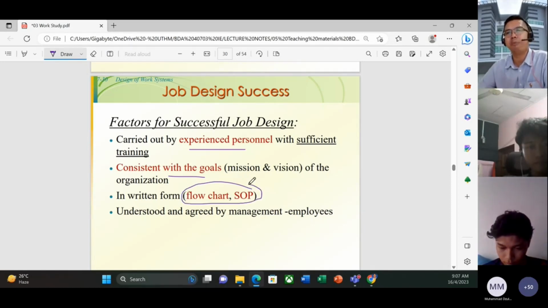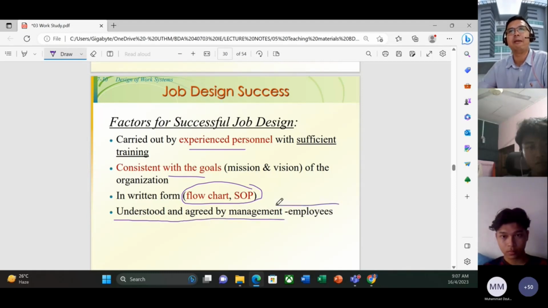If we have an SOP, standard operating procedure, or working procedure, or a flow chart showing step by step from step 1 until step 11, something like that, so in written form. This is the factor for successful job design. And last, understood and agreed by the management and also the employee. Win-win situation.